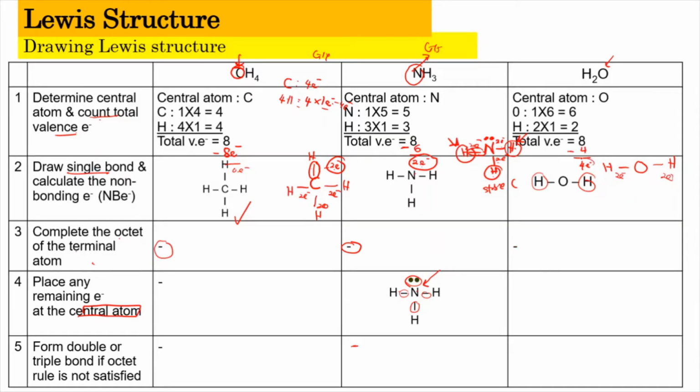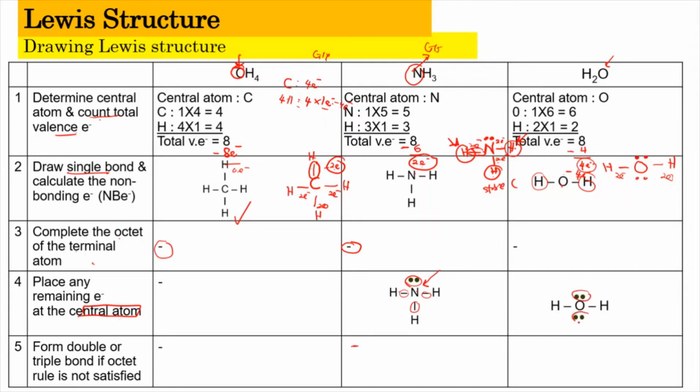The balance of 4 electrons will be placed at the central atom, which is our oxygen. So we put 1, 2, 3, 4 at the central atom. We have used up all the electrons that we have. Lastly, we get our Lewis structure as HOH with 2 lone pairs.